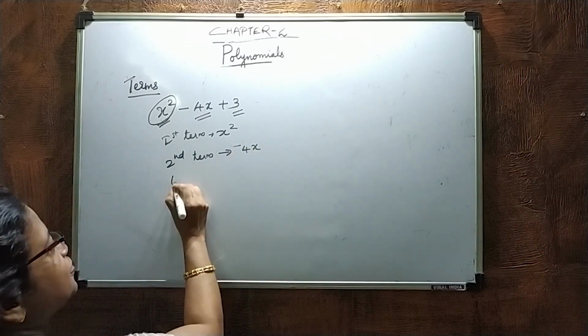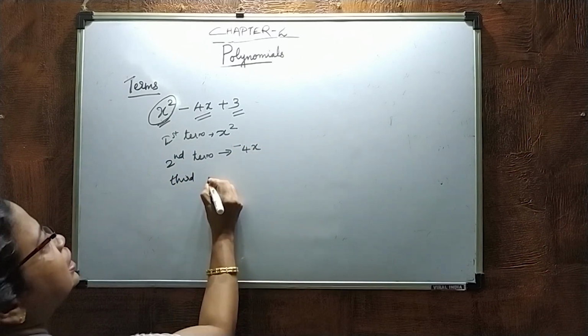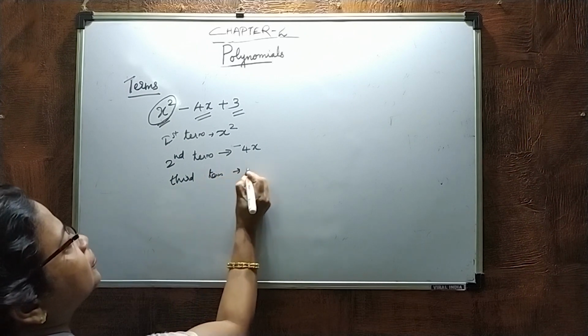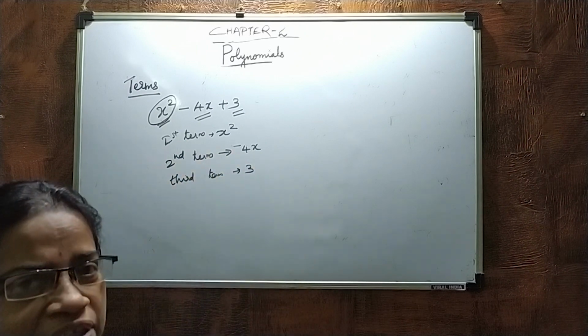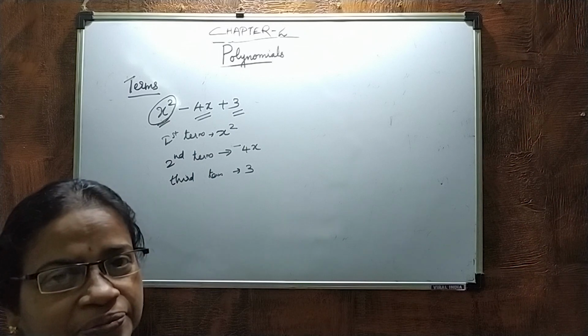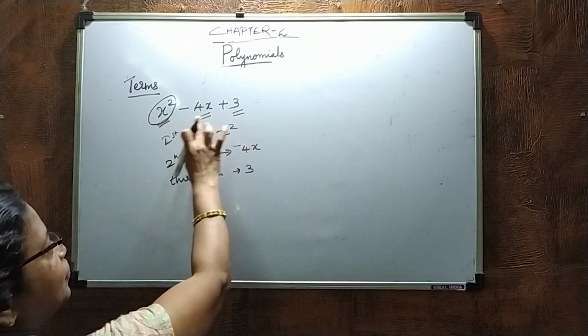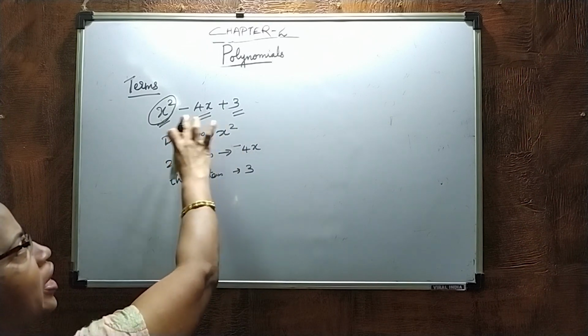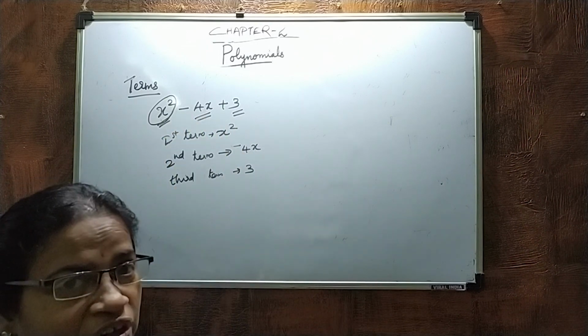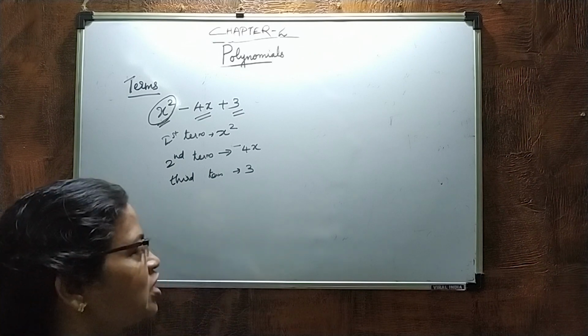The third term is 3. So how many terms are there? Three terms. Clear? And each term is connected with either plus or minus, not with multiplication or division. That I will explain now.